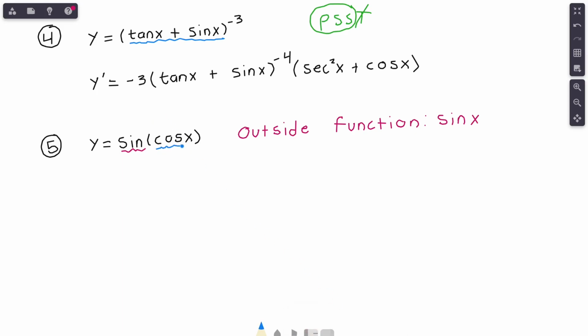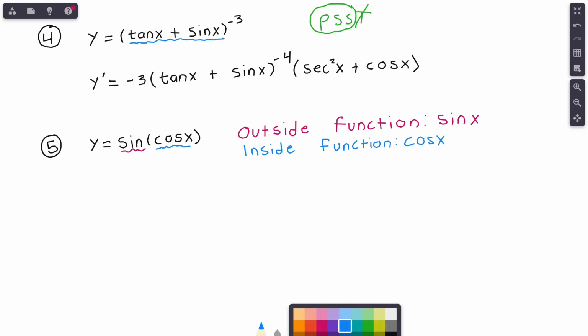Whereas our inside function is going to be cosine x. Okay, so now we're ready to apply the chain rule. So we're going to take the derivative of the outside function and multiply by the derivative of the inside.